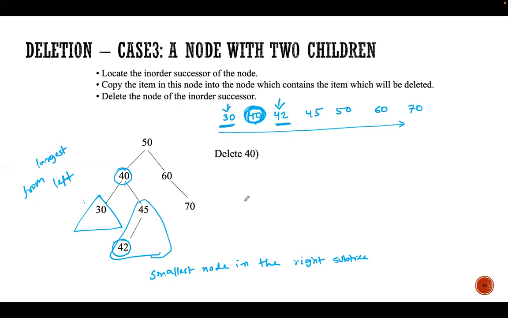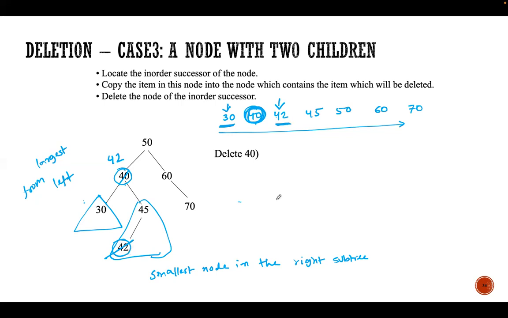Let's see how it's going to look and what we are going to do. We are going to replace this value 40 with 42. As I am copying 42 into this node, that means I have to delete the node 42. Here in this example, 42 is a leaf node, so we are going to follow the rules for deleting a leaf node.